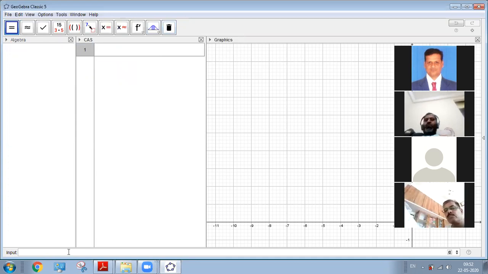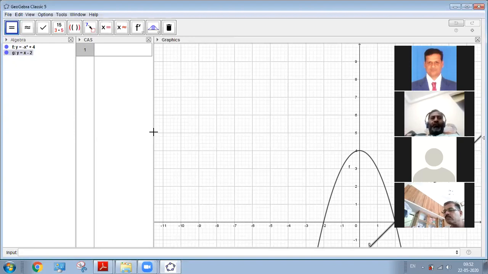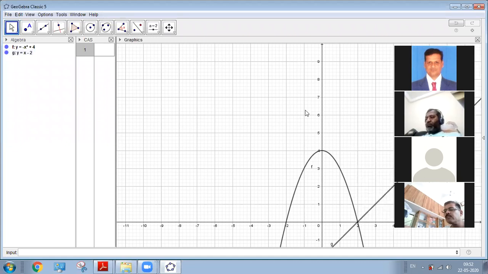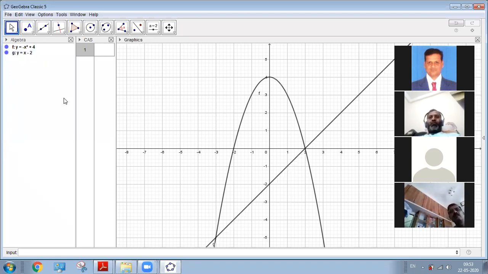For example, if you want to find the area between y equal to 4 minus x square, then y equal to x minus 2. So I'm going to find the area bounded between these two curves.